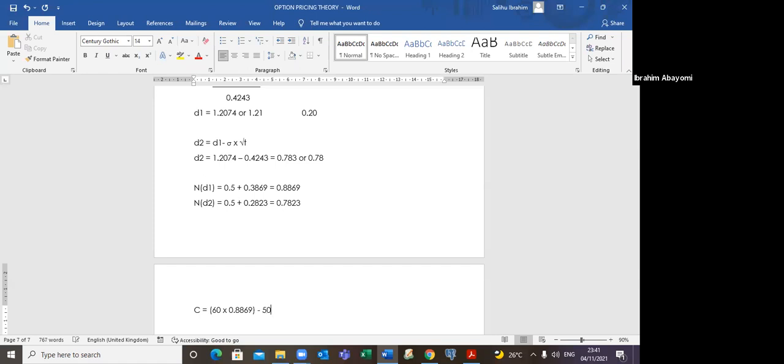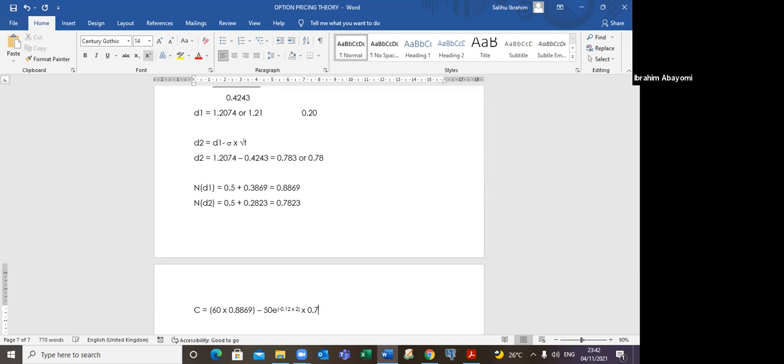What's our exercise price? 50, E raised to the power, open bracket, minus R. Where's our R? 0.12 times 2, which is T. Everything here times ND2.